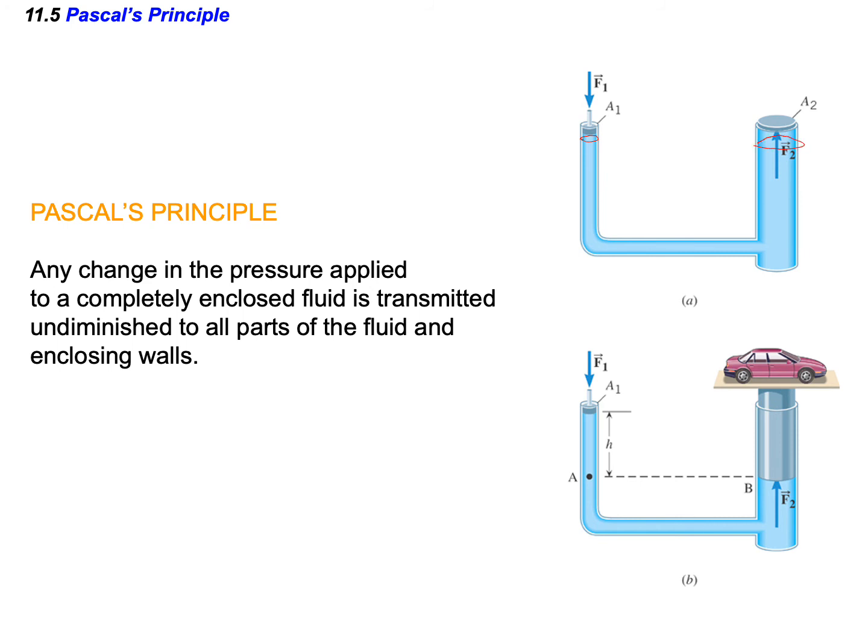So if you apply a force onto one side, all the molecules put pressure on the molecules underneath. So the change in pressure applied to the enclosed fluid is transmitted undiminished to all parts of the fluid. So there's no pressure loss or force loss, and all the pressure or force is transmitted to the other side.